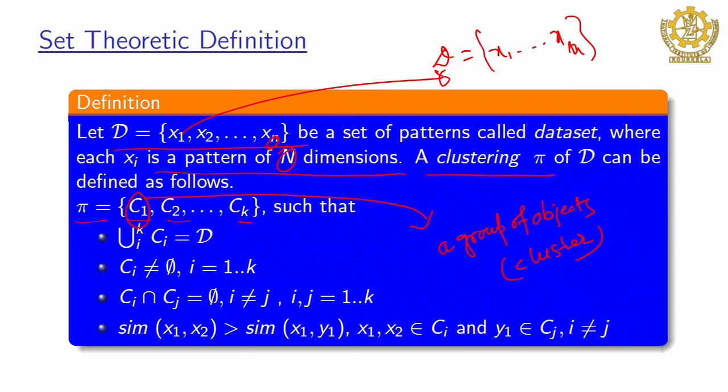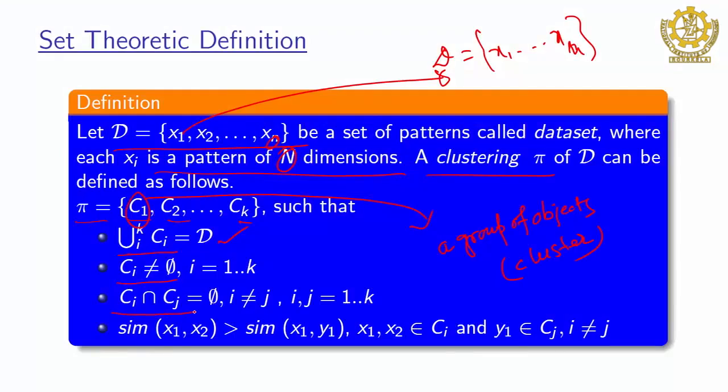How to define the value of k, we will see later. The entire data set is divided into a number of groups or clusters, and the condition is that when you take the union of all the groups, you get the original data set, and no cluster can be null.